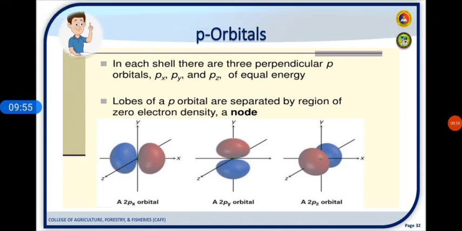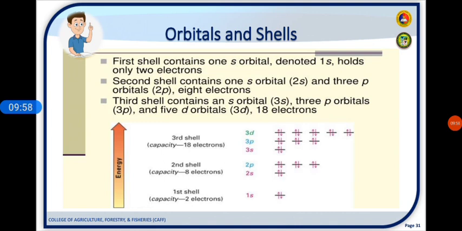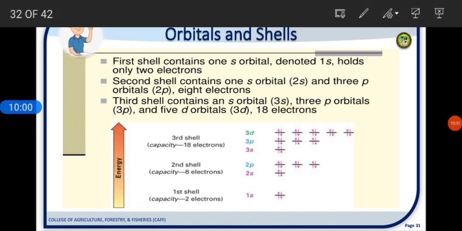So if you go back to our illustration here, you will notice that the second shell and the third shell containing the p orbitals, which are the 2p and 3p, only contain 3 orbitals.